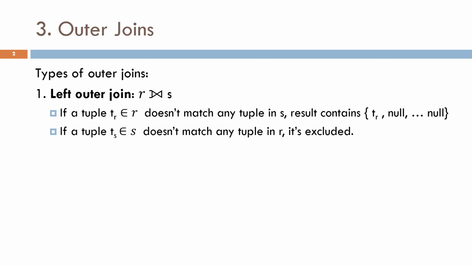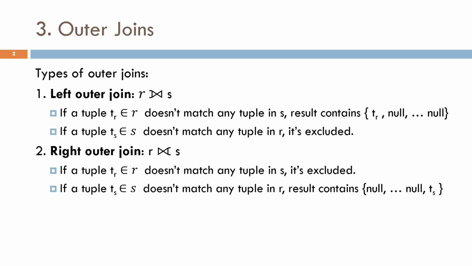If a tuple Ts from relation S doesn't match any tuple in R, it is excluded from the result. It simply includes all tuples from the left relation, even if a tuple doesn't match any tuples in the right relation, and missing information of the right relation is represented by null value in the result.